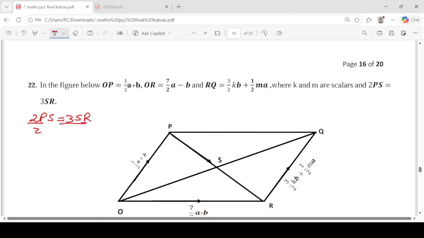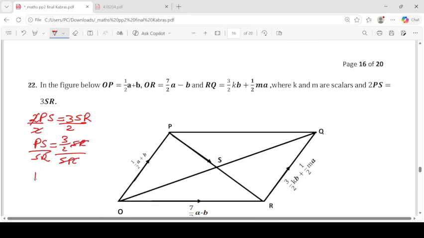I've divided here by 2, I divided here by 2. So this and this cancel. I'm now having PS being equal to 3 over 2 SR. To get rid of this, I divide here by SR, by SR. This and this cancel.